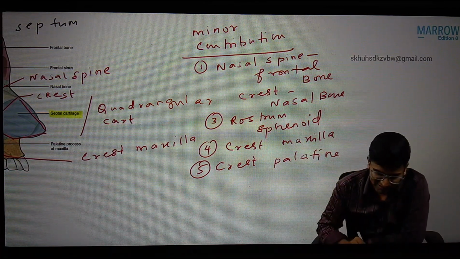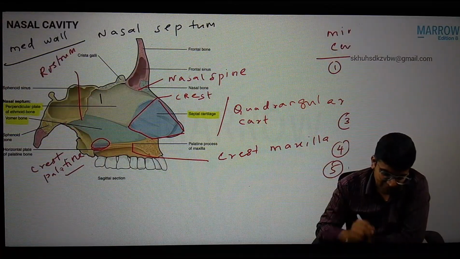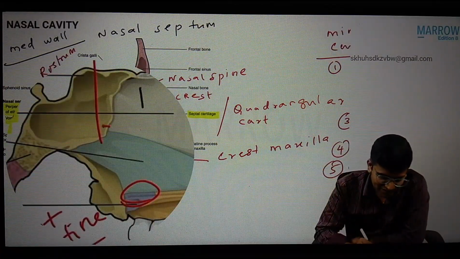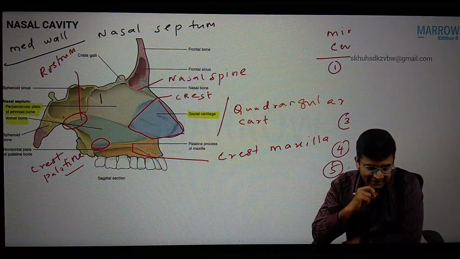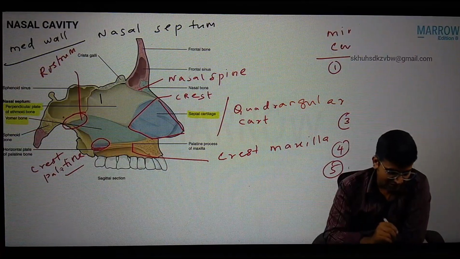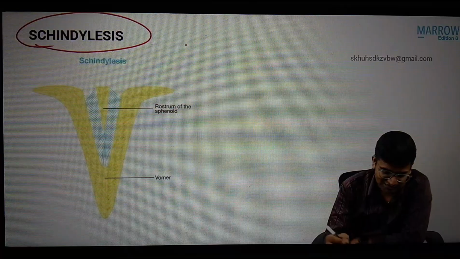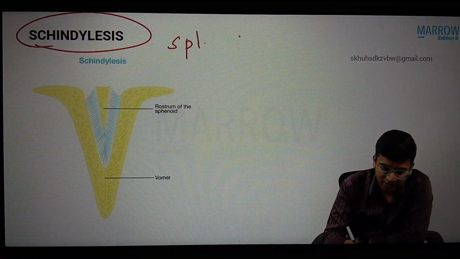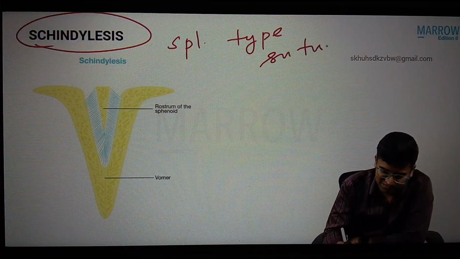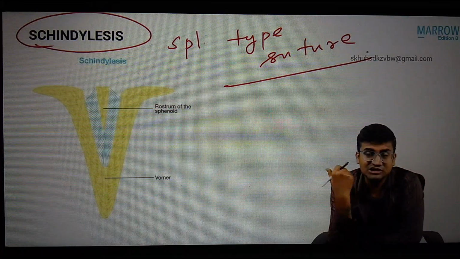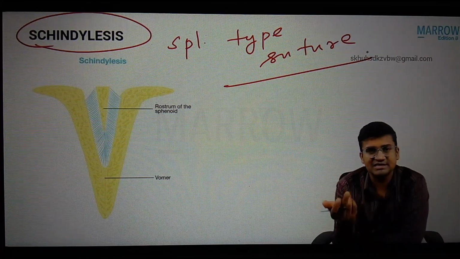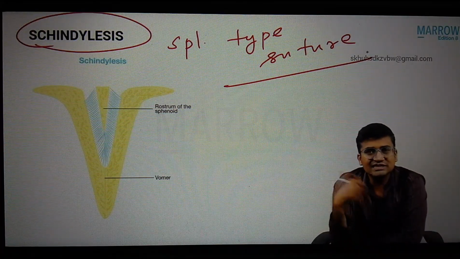Now one important thing is, we have one special type of suture between the rostrum of sphenoid and the vomer bone, and that is called Schindylesis suture. Schindylesis suture is the special type of suture. In some books they mention it as a joint, Schindylesis joint, but strictly speaking it is Schindylesis suture only.